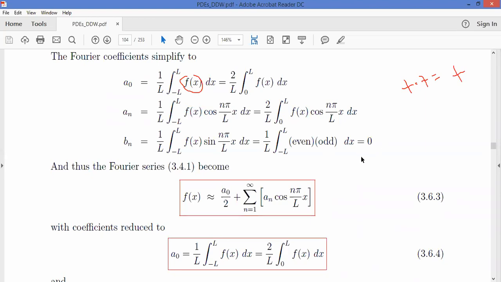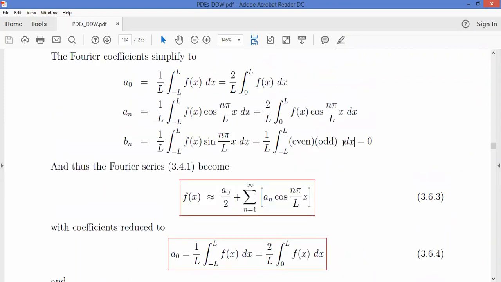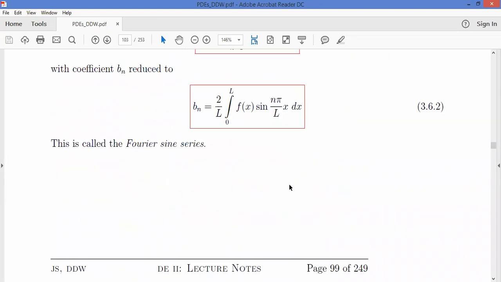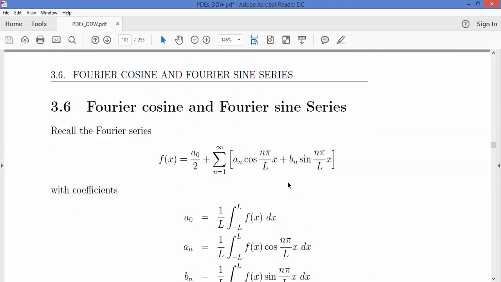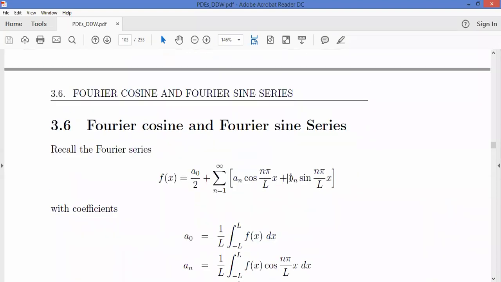Based on that fact, Bn is 0, so you get the a naught and the An. When you substitute back into this equation, Bn is 0, these ones are non-zero, and you remain with the a naught term and the sum of the An.